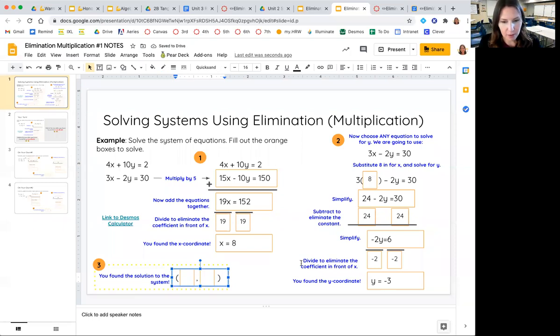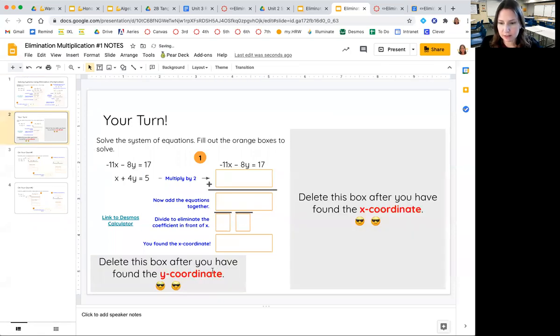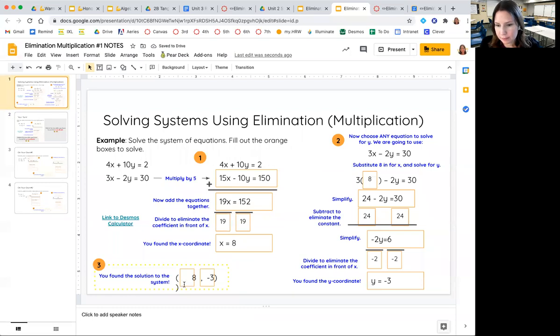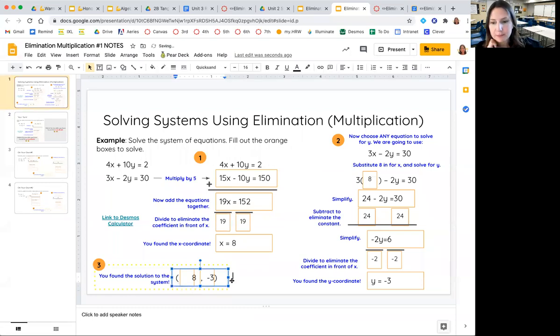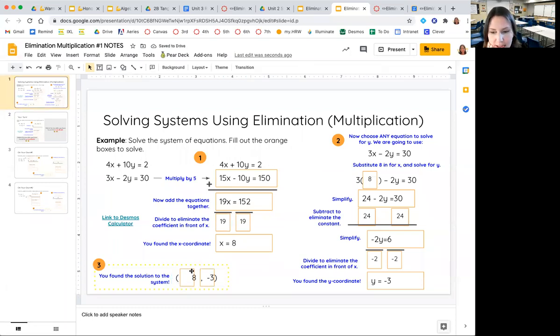I did not layer that one correctly for you guys. So we put in 8 and -3. Okay, that's my solution. So 8, -3. And if that's not cooperating for you, you can press the T up here and add your own box and write your answer.